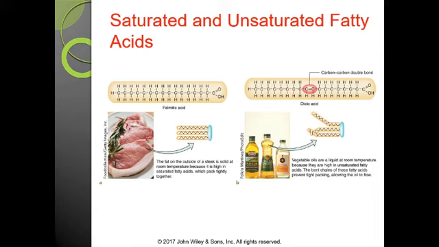For example, coconut oil, even though it's a plant-based product, is about 90% saturated, 8% mono, and 2% polyunsaturated, compared to something like olive oil, which is really good: 18% saturated compared to 90% from coconut oil, and also 68% monounsaturated compared to 8% for coconut oil, and 10% polyunsaturated.